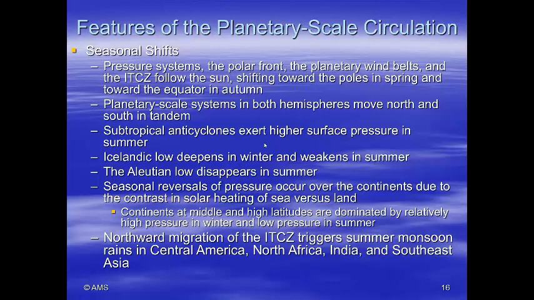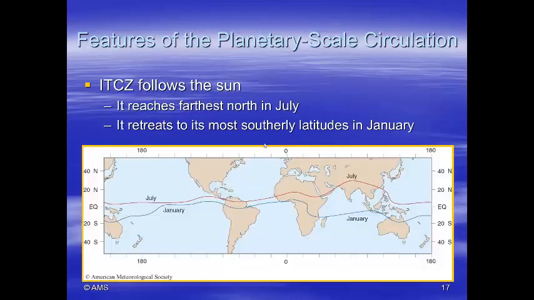As the ITCZ moves northward, it's going to trigger the summer monsoon rains in Central America, North America, India, and Southeast Asia. So here shows the position of the intertropical convergence zone in July and January. So in July, it's going to reach far north. And in January, it's going to be the furthest south.